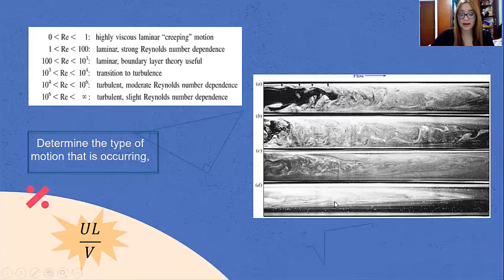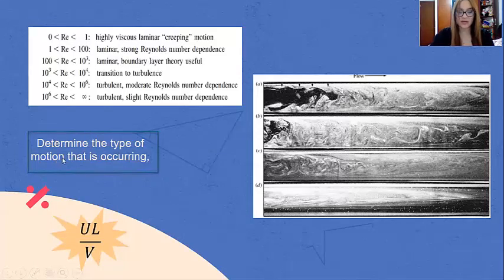The primary parameter affecting transition is the Reynolds number, expressed with this formula, where U is the average stream velocity, L is the width or transverse thickness of the tube, and ν is the kinematic viscosity of the fluid, depending on what kind of fluid we work with.